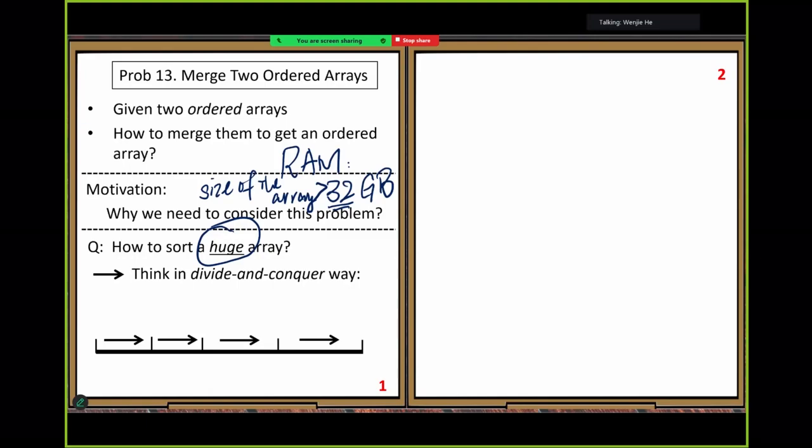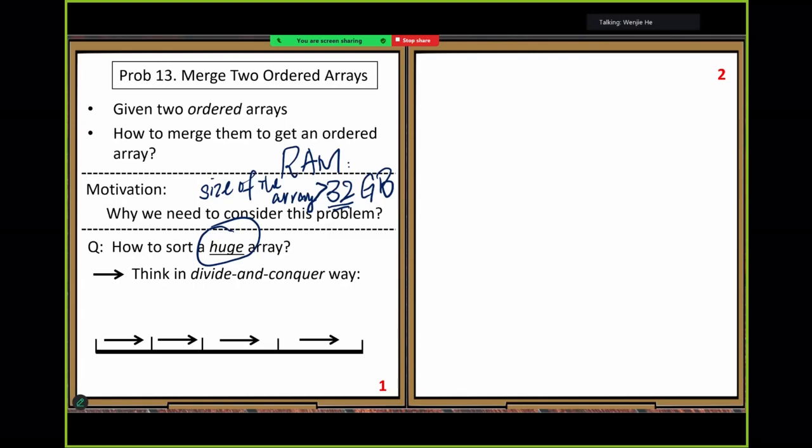Now you can see we need to solve this one: merge two ordered arrays. For every two adjacent ordered arrays, we merge them to get a larger ordered array. Next time, every time, merge, merge, merge.